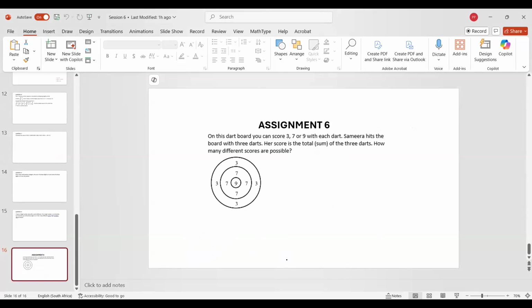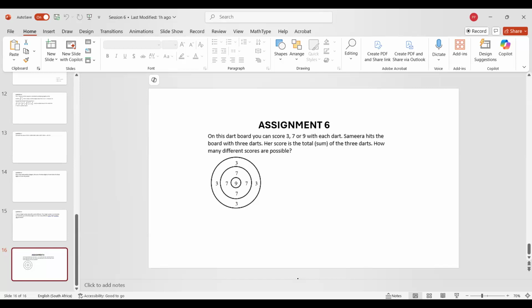The 9 is in the middle, the highest score, and the 4 7s are in the inner ring, and the 3s are in the outer ring. Samira hits the dartboard with 3 darts. The score is the total sum of the 3 darts. Now, how many different scores are possible? So you have to write down all the possible ways of getting scores with 3 darts.